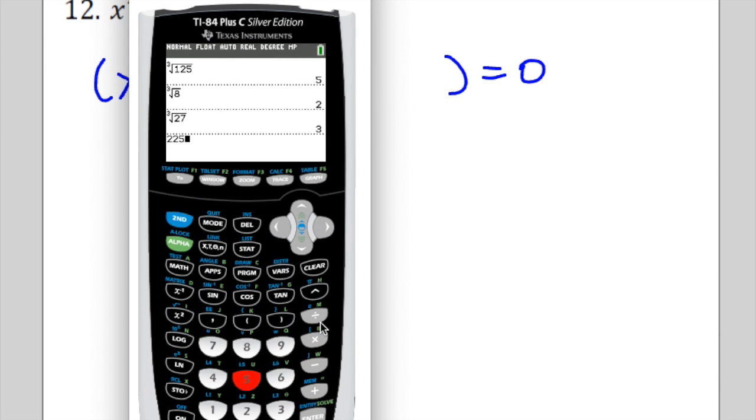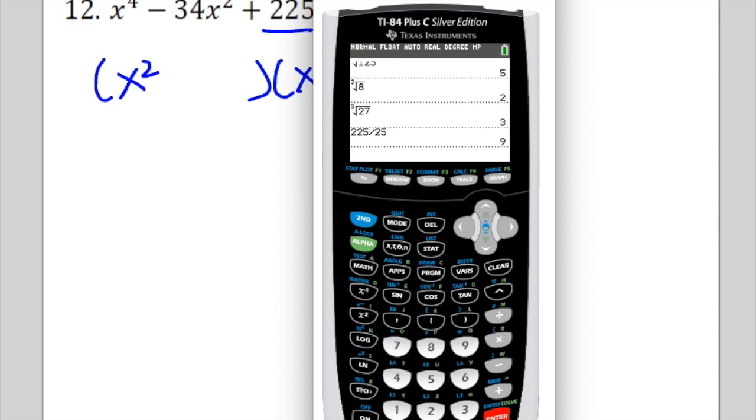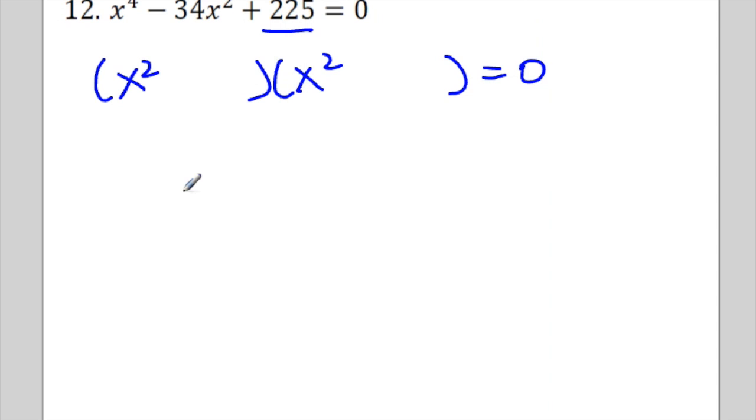So let's just try it. 9 and 25. Could I get to negative 34 with that? Yes, I could. So I'm going to use that. So I would have 9 and 25. And I would think to multiply to a positive but add to negative would both be negative.